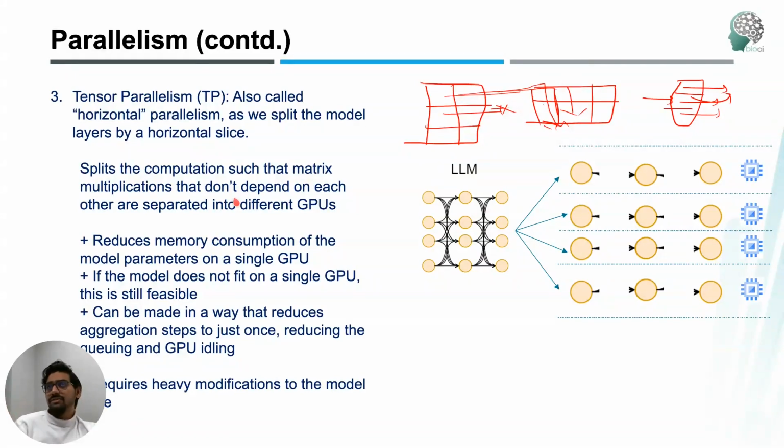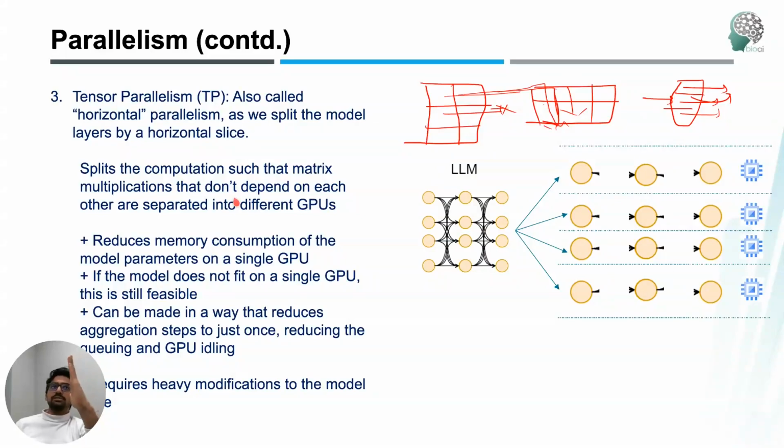And if it's a fully convolutional model, I believe this can indeed be made in a way that reduces all these aggregation steps to essentially just once or twice, and that reduces queuing, GPU idling, all of that stuff. And about queuing, what I mean is that when you do this architecture, you're doing one pass, right?